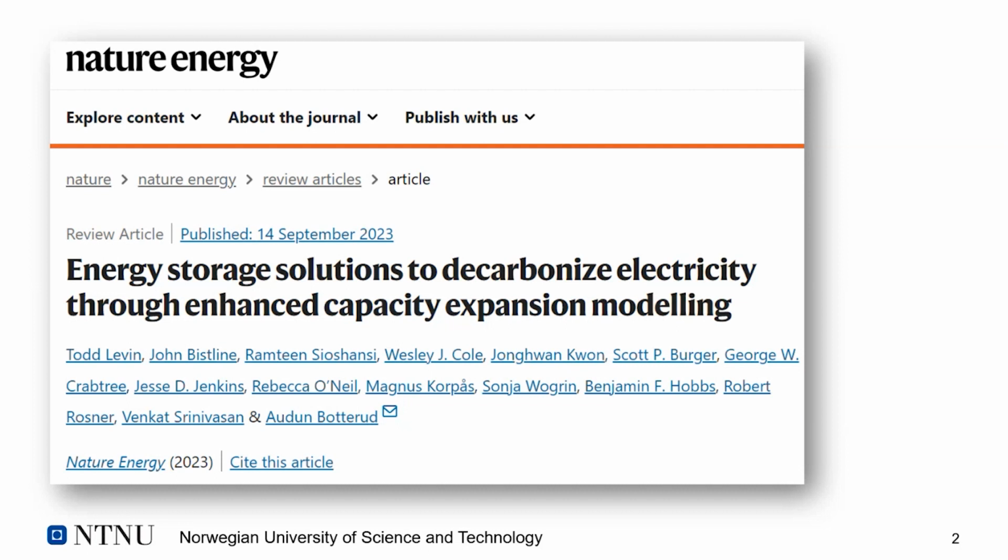And I am just in the middle of the authors here. The lead authors were Todd Levin and Audun Botterud from Argonne National Labs. Audun is also at MIT, but this work was part of his Argonne job.